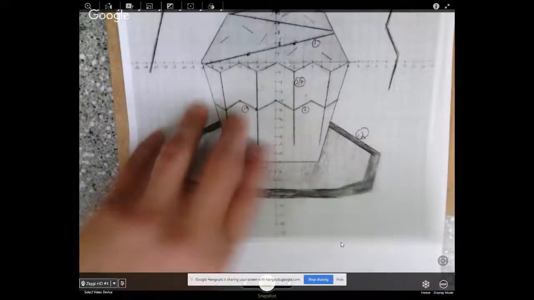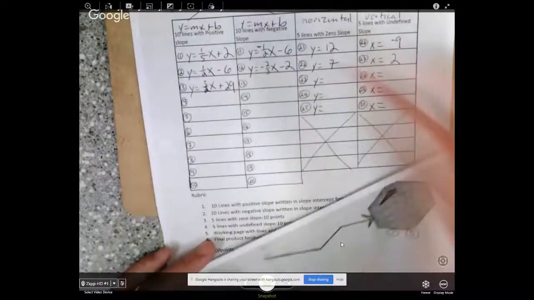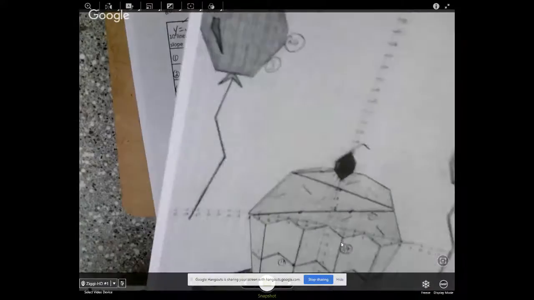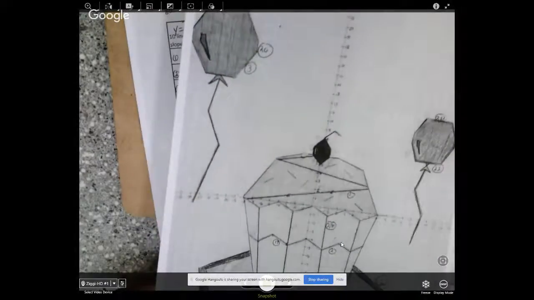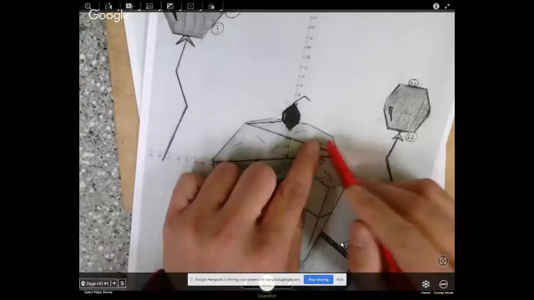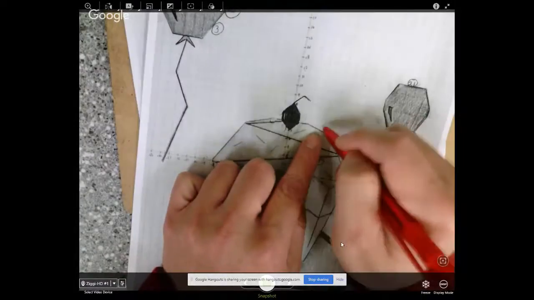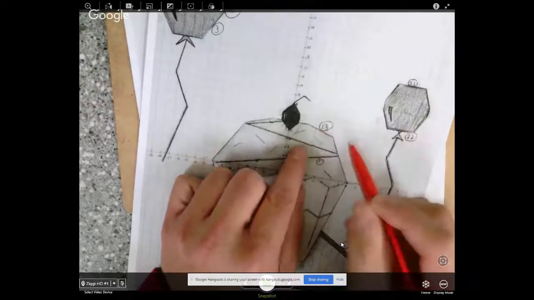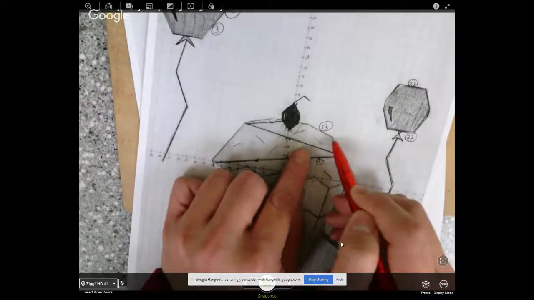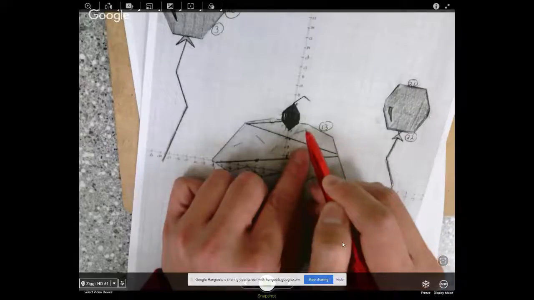Okay, and maybe let's do one more. Maybe let's do this one. Number 13. The rise over run looks to be about negative 1 over 3 for line 13. So y equals negative 1 over 3, put an x with it.